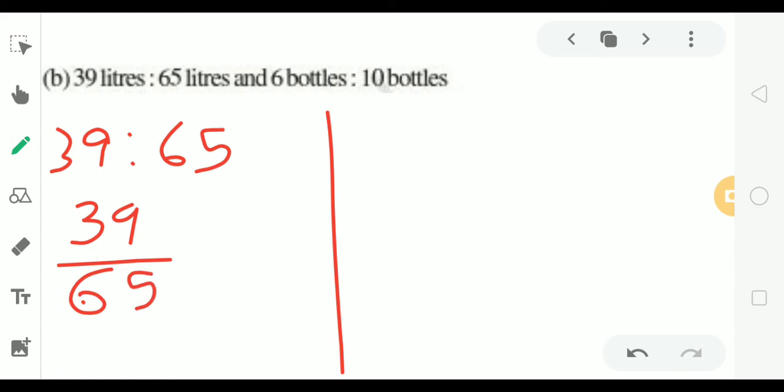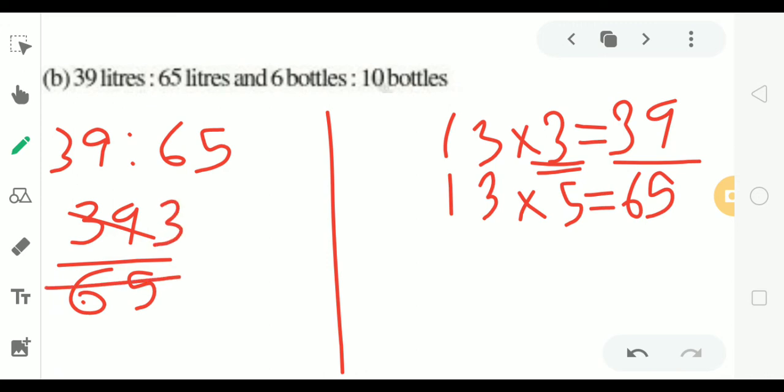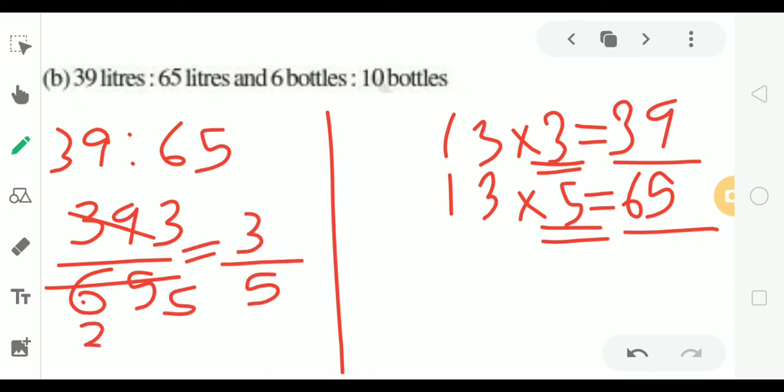In the 13 table, 13 threes are 39 and 13 fives are 65. That means in the 13 table, 39 is 3 times and 65 is 5 times. So we write this as 3 upon 5, which is 3 is to 5.